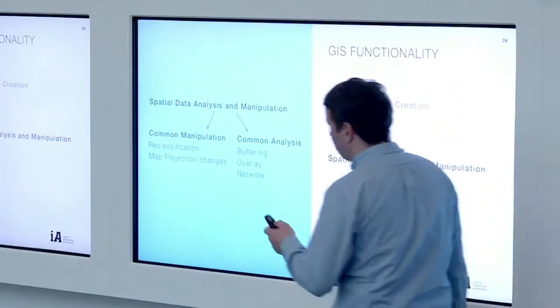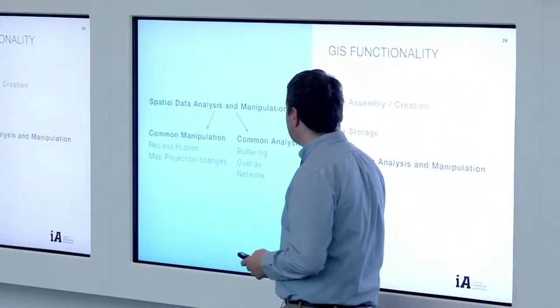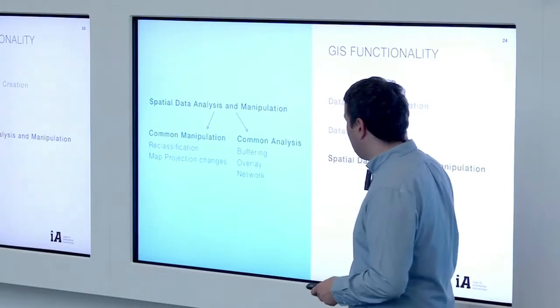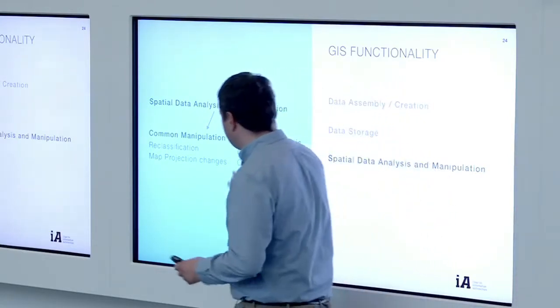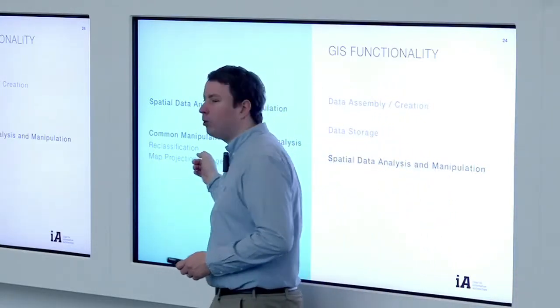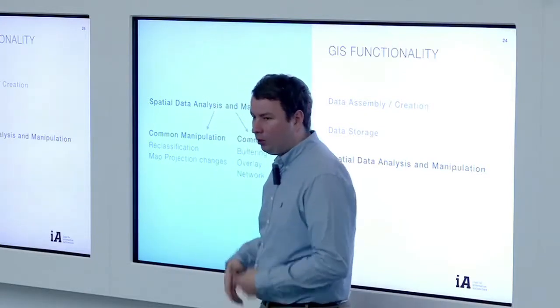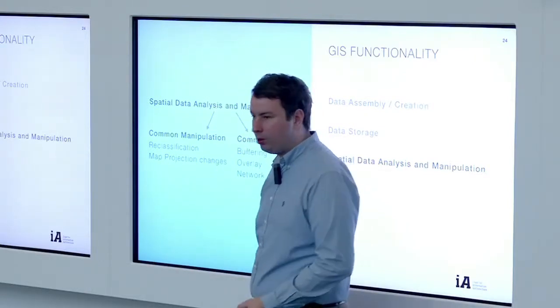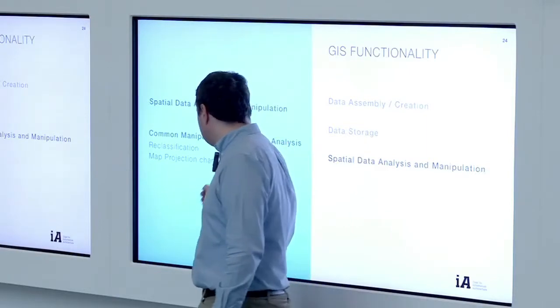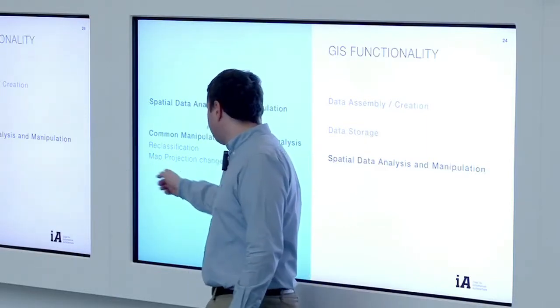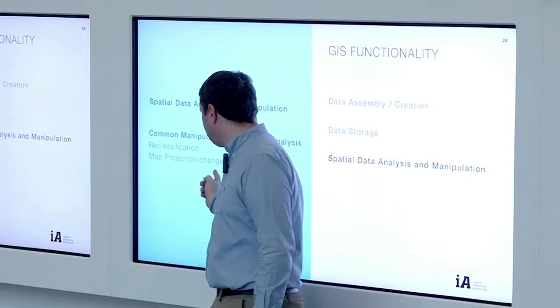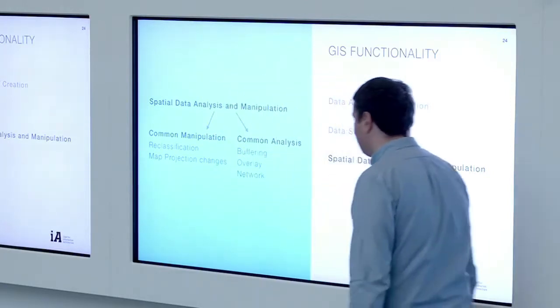And then the next example is spatial data analysis and manipulation. Very common and very easy is just to reformat the values. Different kinds of entries, you just delete entries that you don't need, or you add something new, or you do something with the projection.